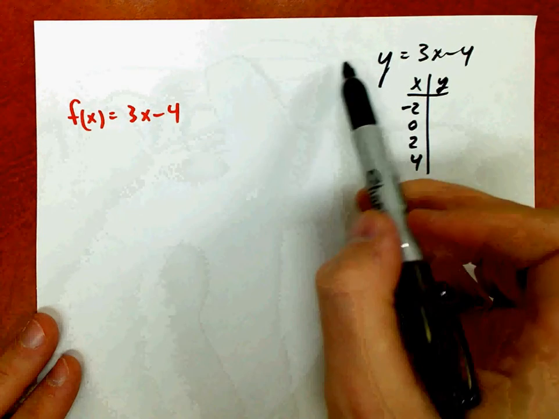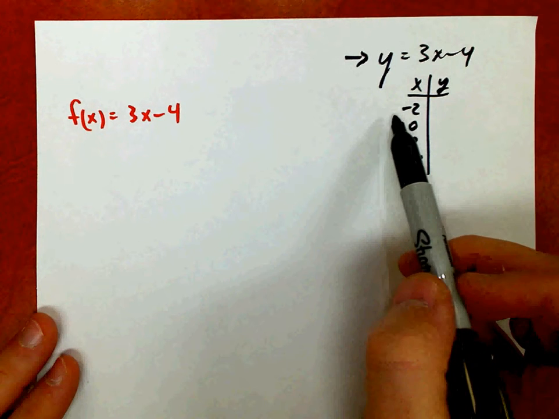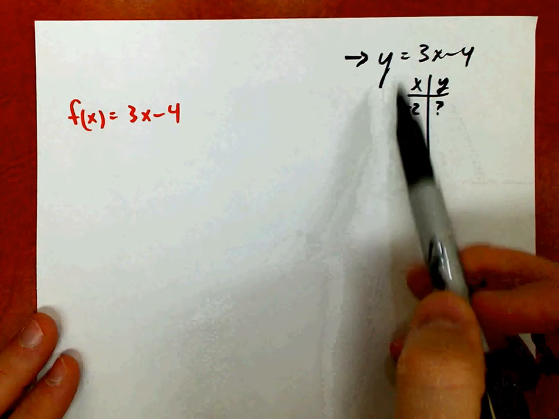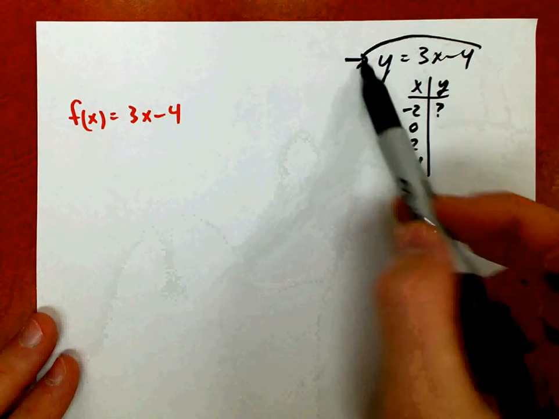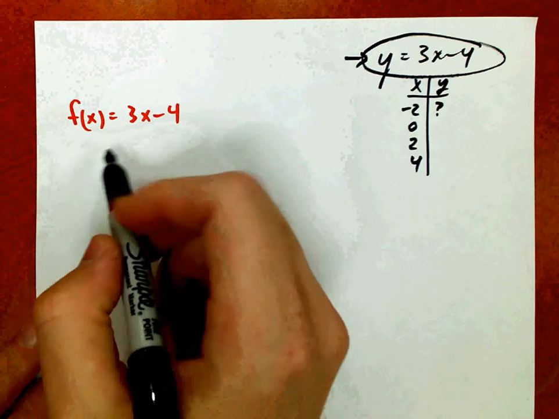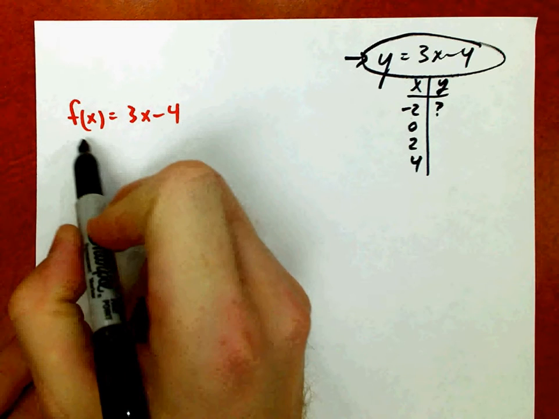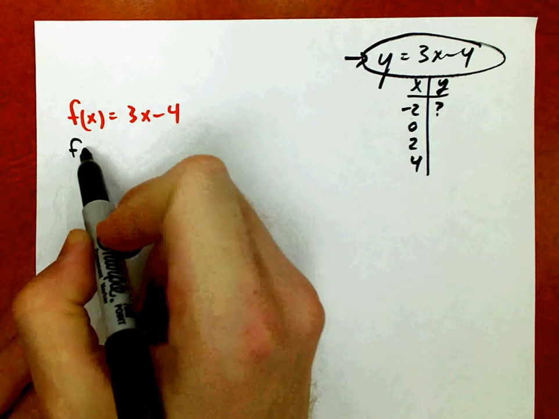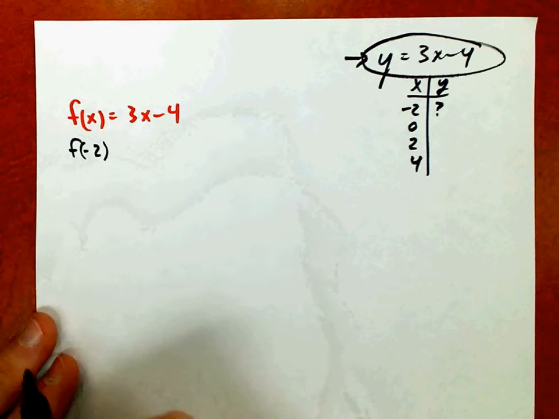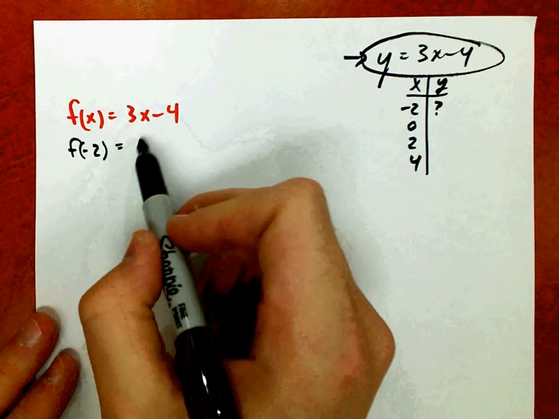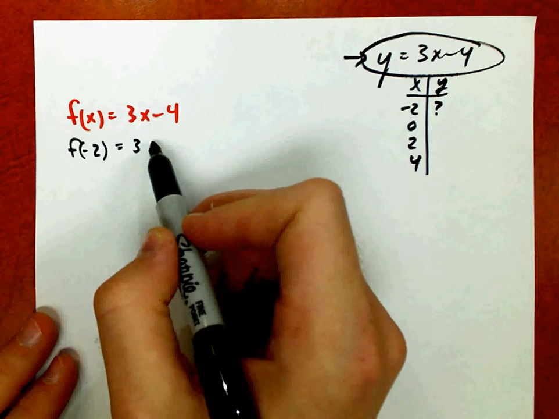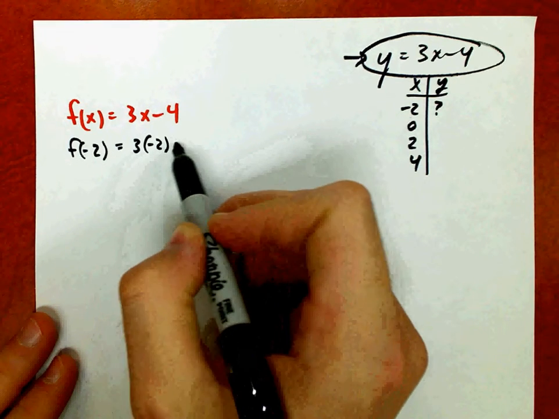So previously, where I would say, what does y equal when x is equal to negative 2? And I would plug a negative 2 in for x and solve for y. All of that can be said by simply asking, what is the value of f of negative 2? Which just simply means replace x with negative 2 and evaluate.